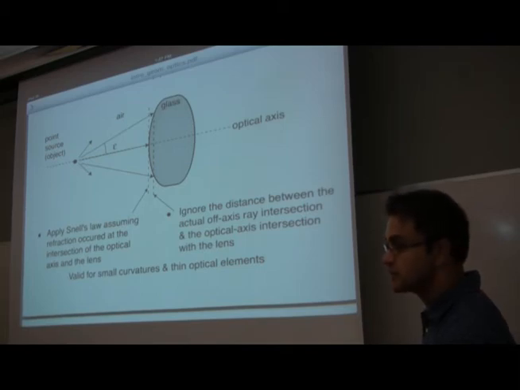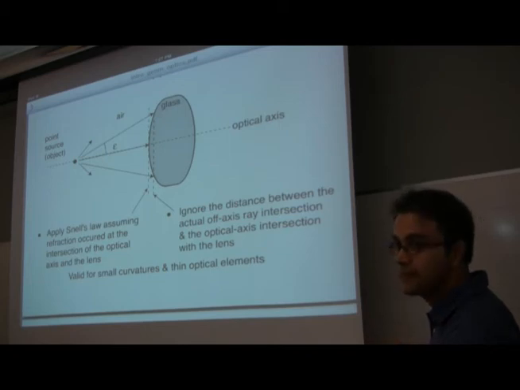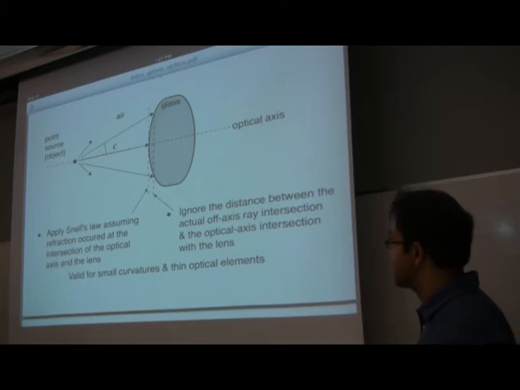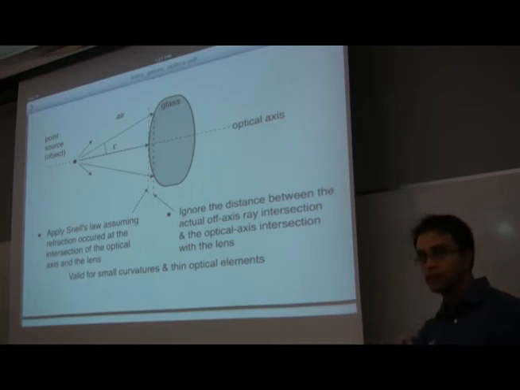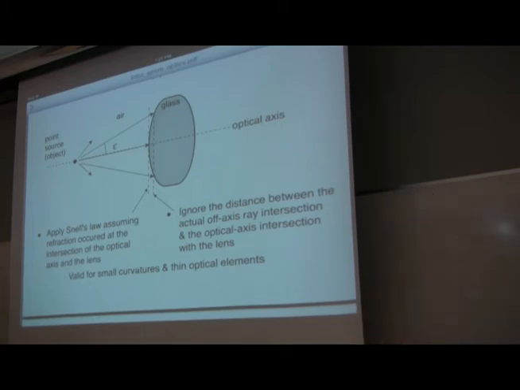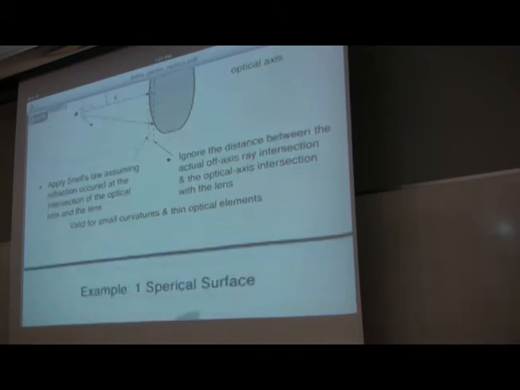So essentially, we'll ignore the distance between the actual off-axis ray intersection and the optical axis intersection with the lens. Clearly, that's only valid for small apertures and thin elements. So if you have big aperture lenses, it's not quite valid.